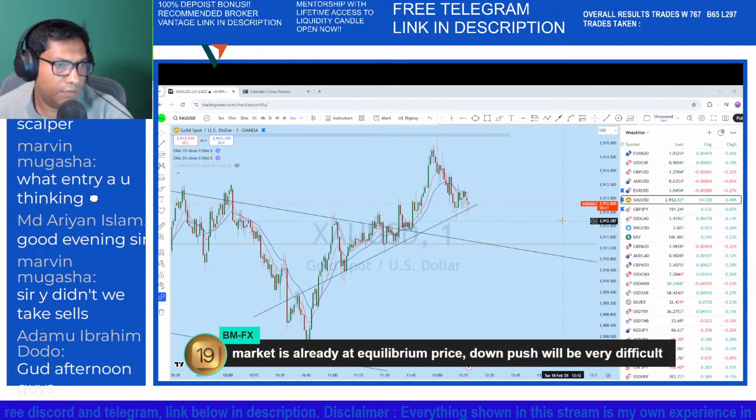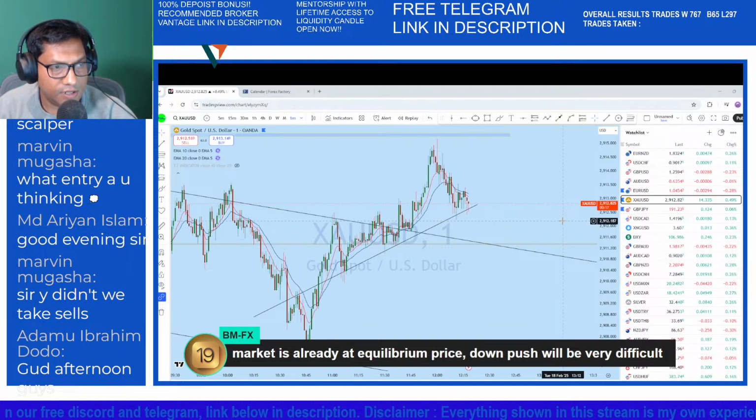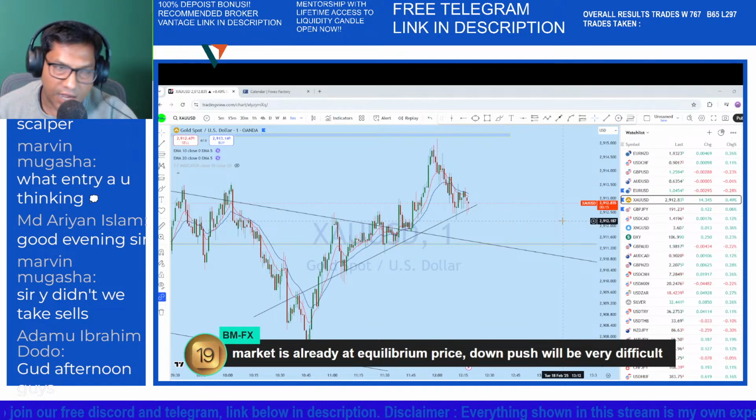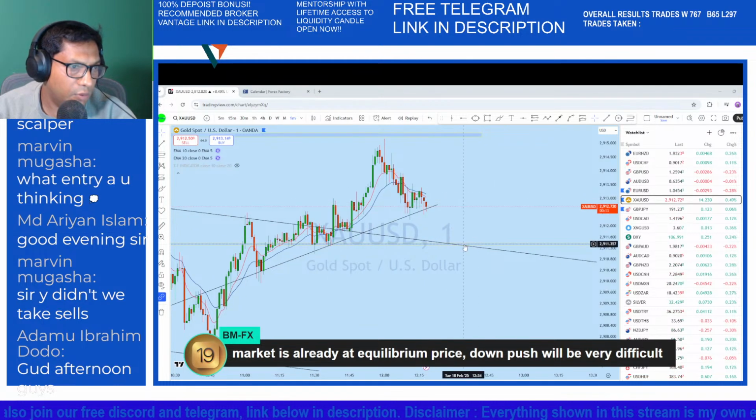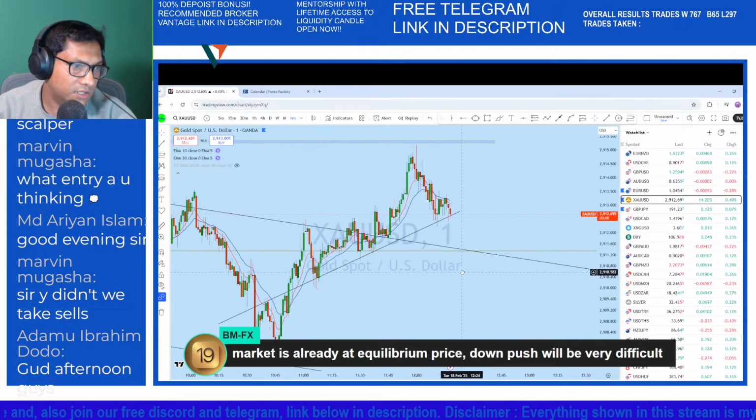Waiting for a potential entry here in that area, and once we see that happen with this gap open, would like to see the market trending to that support level here.